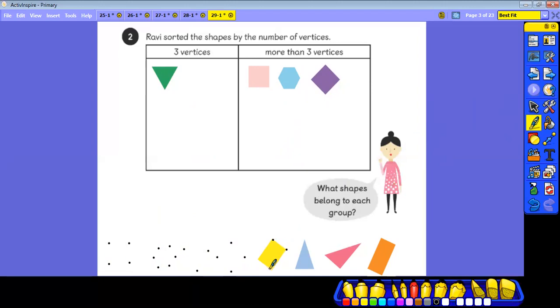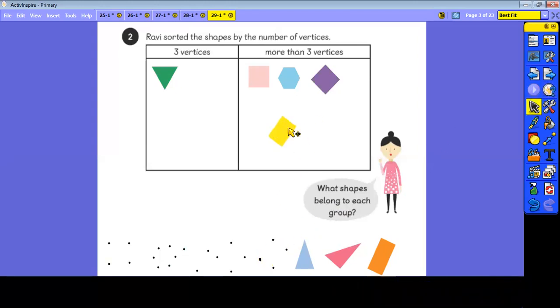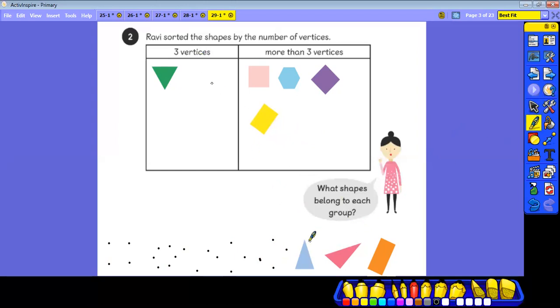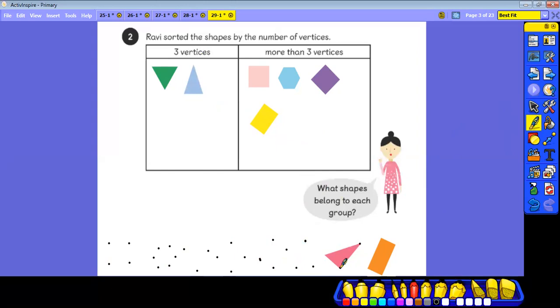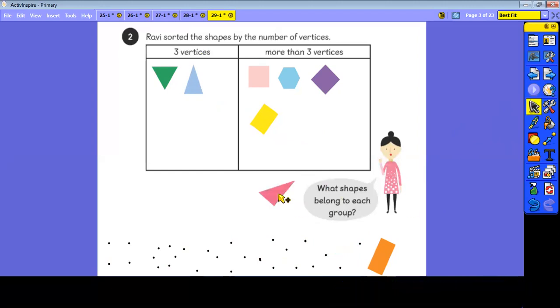And our next shape, counting the vertices. 1, 2, 3, 4. Okay, and this shape got more than 3. Oh, come on, we want some more in this box. Here we go. 1, 2, and 3. Yes. So this blue triangle can go over here. And then we have our pink. 1, 2, 3. Another triangle.